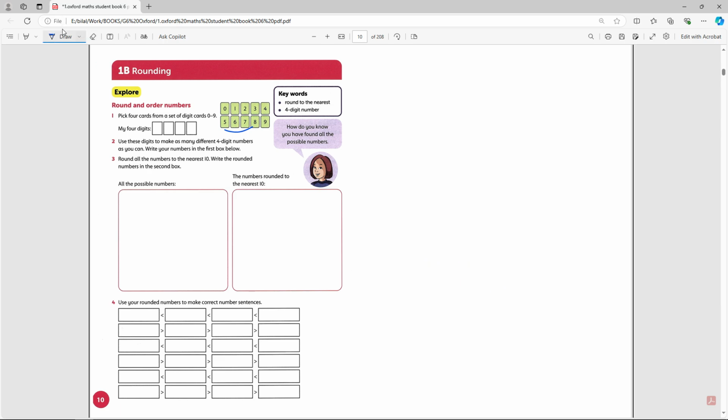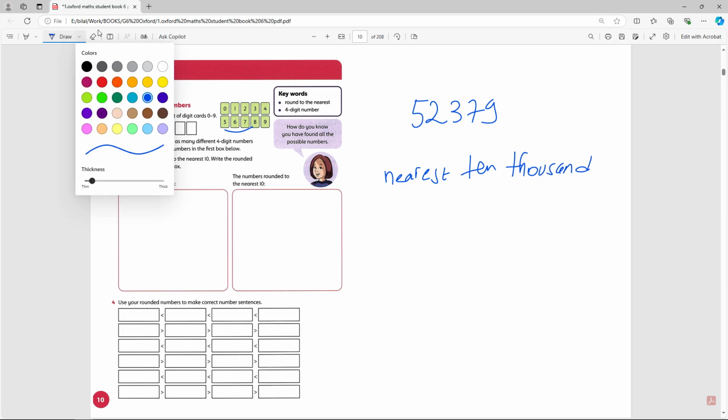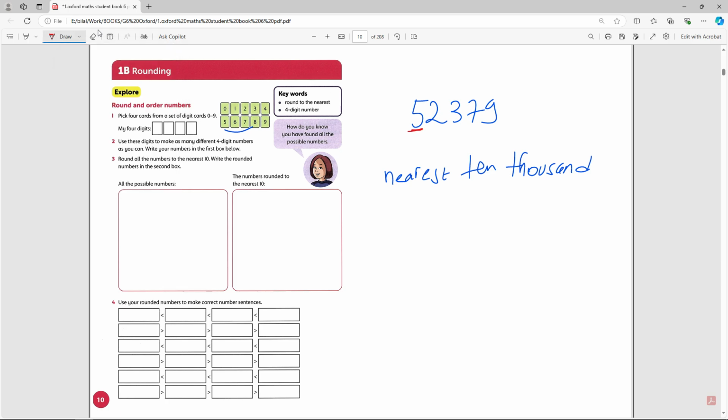So let's say you have, for example, 52,379, and we're going to ask you to round this number to the 1,000, for example, or to the 10,000. So the nearest 10,000. I'm going to check where is the 10,000. The 10,000 is this one.